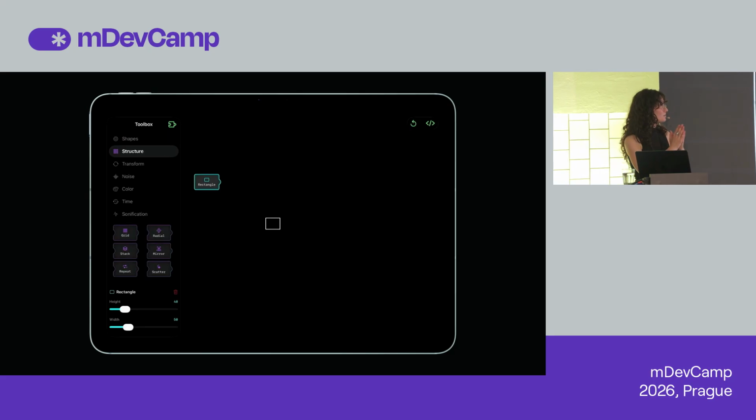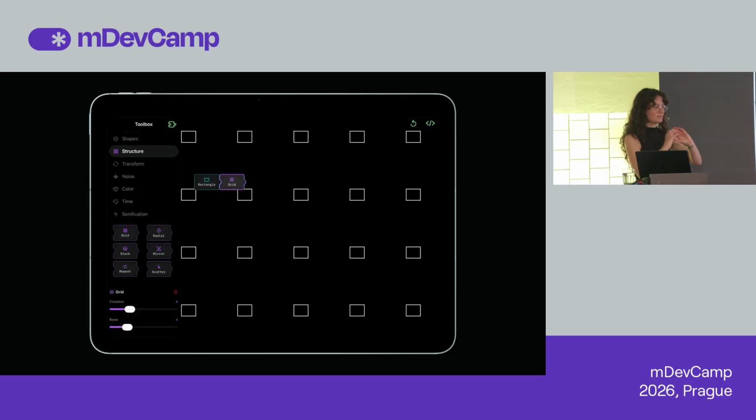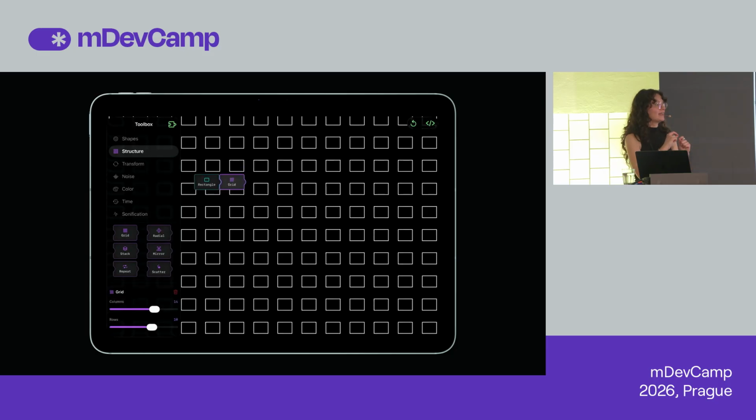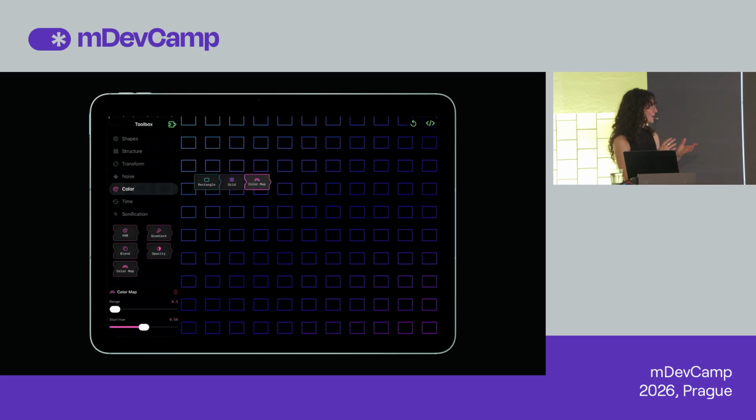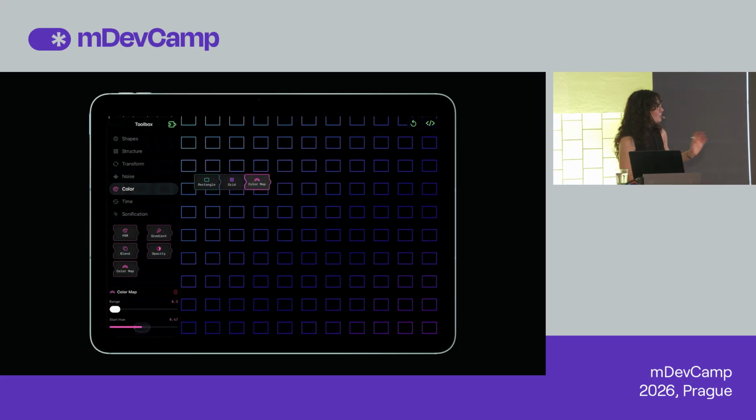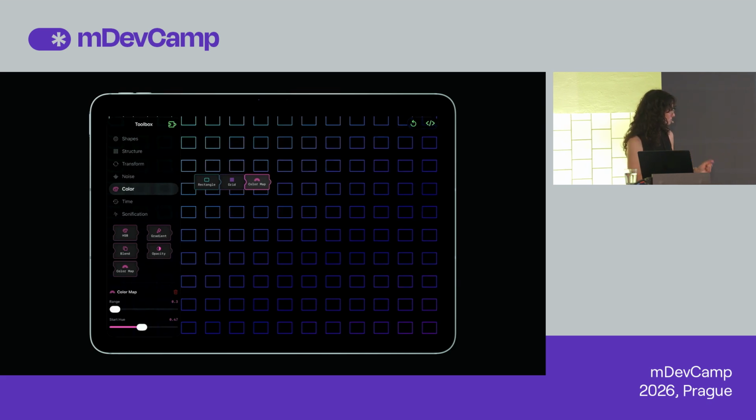We have our primitive block, which is our shape. Then you bring a sequence by a structure, a sequence node, and you can change it readily. You can add a color map, which gives this gradient look. You have control over the hue to discover that.